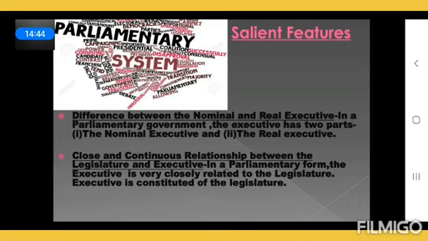If any non-member of the legislature has been made a minister, that particular person has to secure membership from either house, either Lok Sabha or Rajya Sabha, within 6 months. There is a fixed period, right?